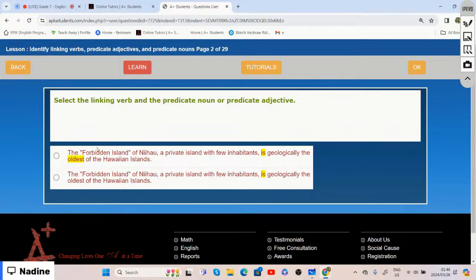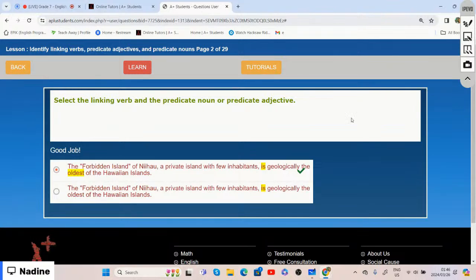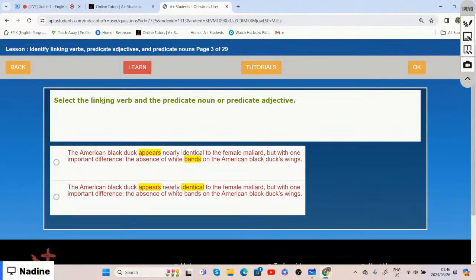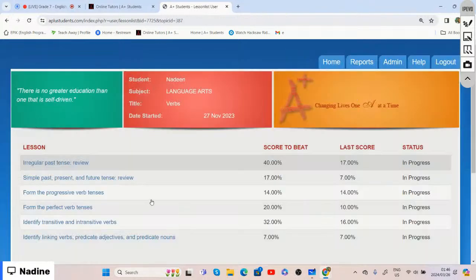So do we say is oldest or just is as our linking verb and the predicate noun or predicate adjective? Is and oldest is the correct linking verb as well as predicate adjective.